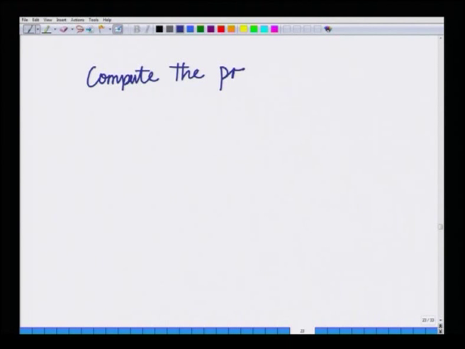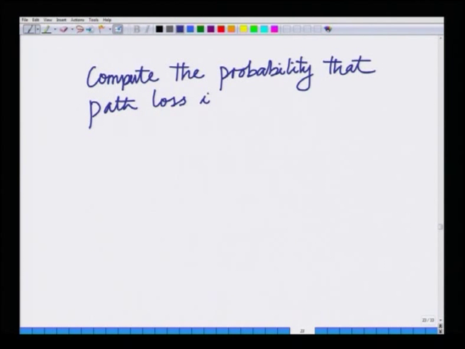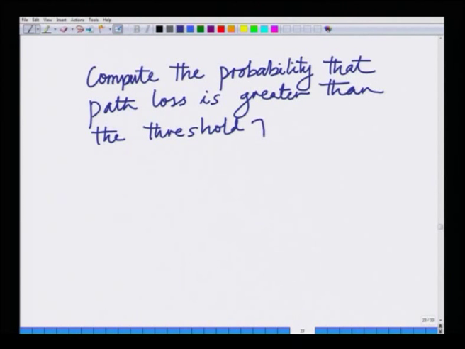Compute the probability that the path loss is greater than this threshold gamma.